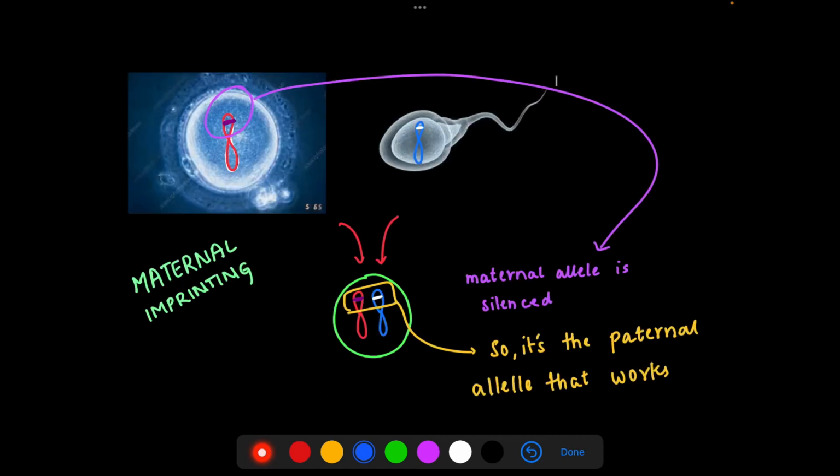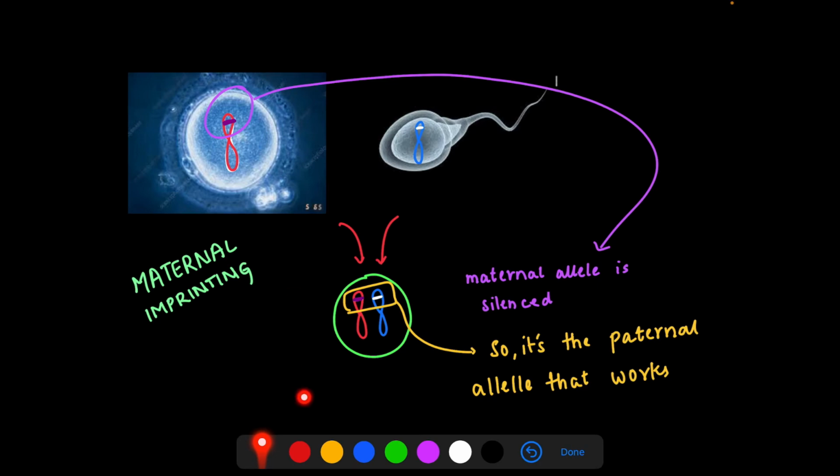Now let's look at maternal imprinting. Look at this oocyte and look at this allele. This particular allele is normally silenced in all the normal individuals. Now, it's the paternal allele that has to do all the job.